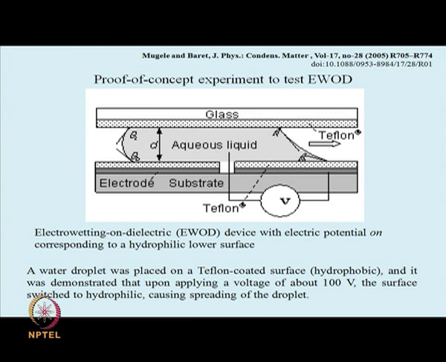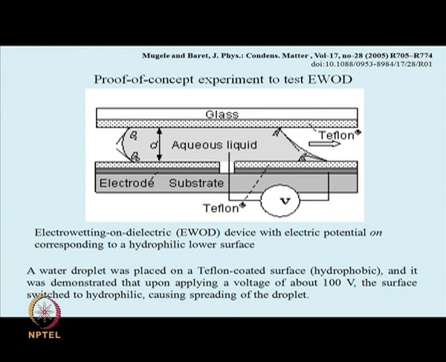So, a common hydrophobic material which is coated on the dielectric is Teflon, and this is a glass coated with Teflon, and some liquid, an aqueous solution of an electrolyte, is sitting over here, and this forms a large contact angle.